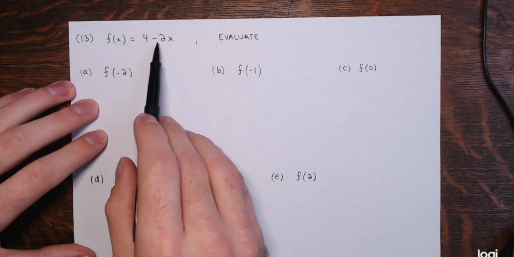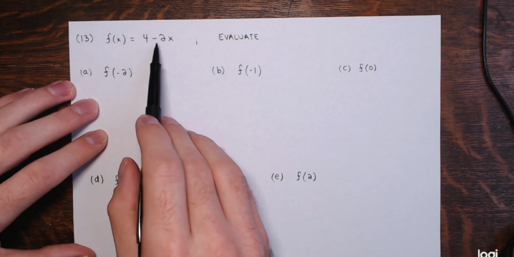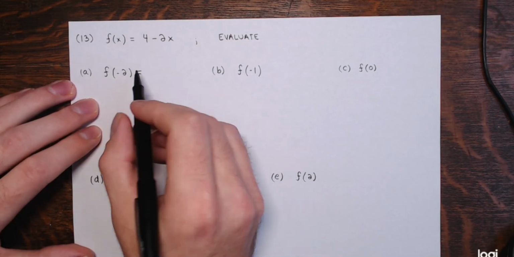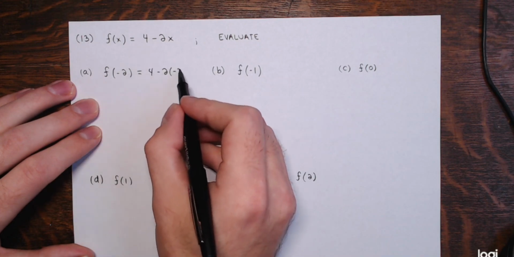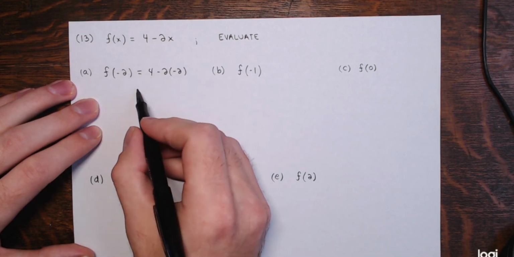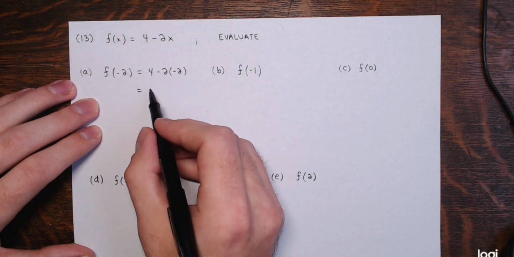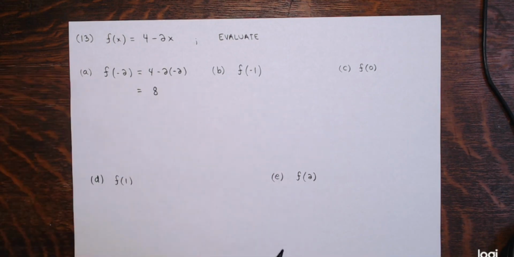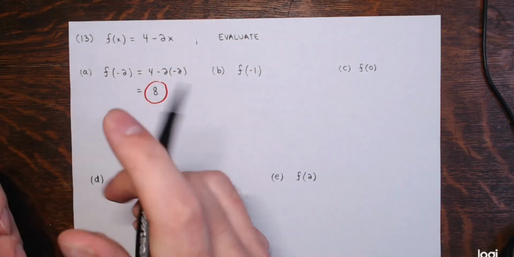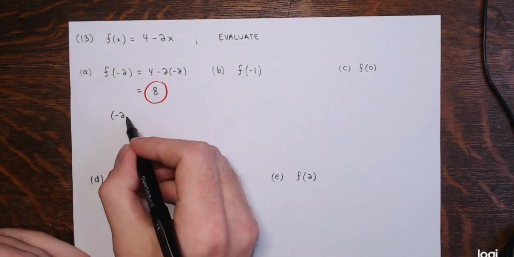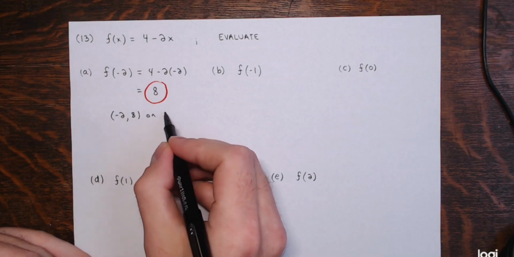They both represent the output. And yeah, so what's f at negative 2? So that'd be 4 minus 2 times negative 2, right? Just replace x with negative 2. This would be 4 plus 4, that's 8. Right. So input negative 2, output 8, right? The ordered pair negative 2, 8 would be on the graph of f.